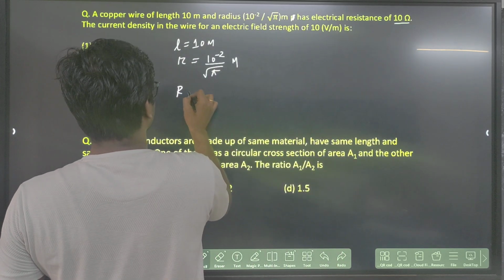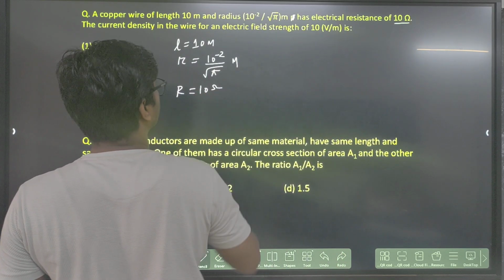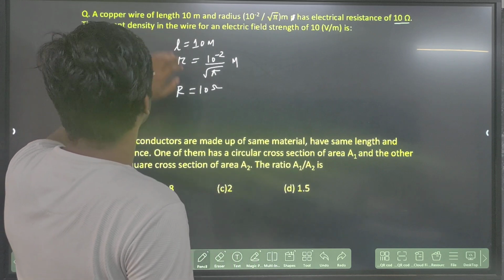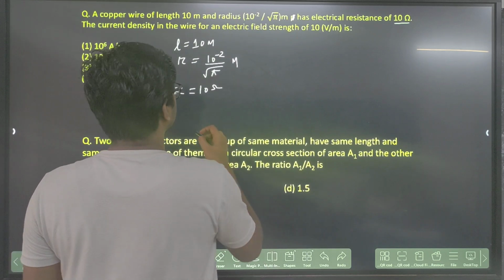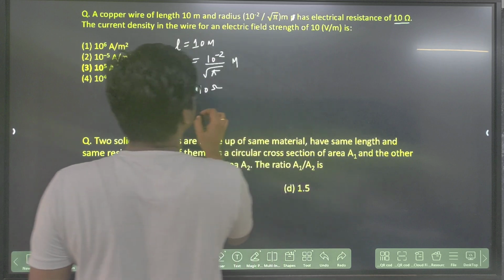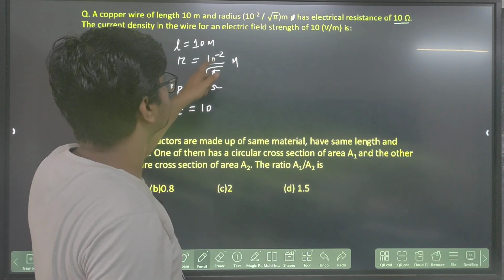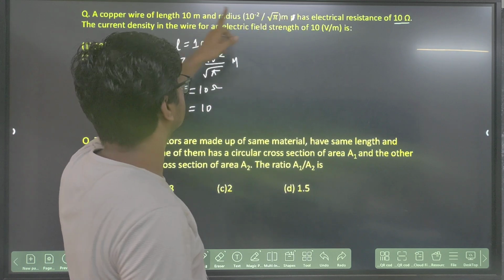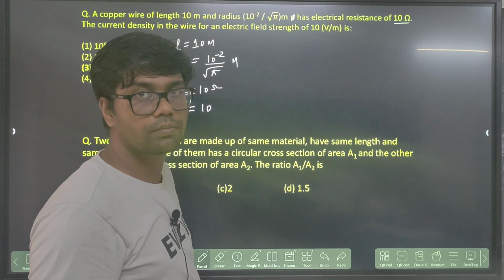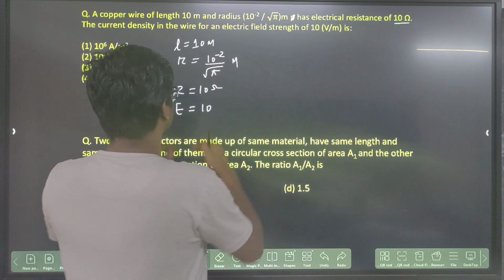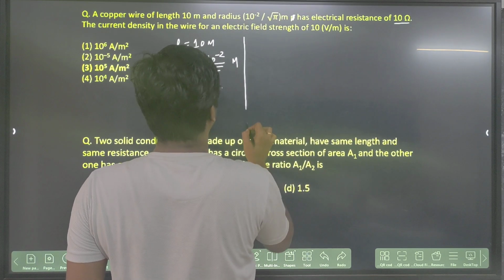So R they have given 10 ohm. They are asking the current density in the wire if the electric field strength is E equal to 10. All are in SI units: this is in meter, this is in meter, this is in ohm, this is in volt per meter, the electric field.